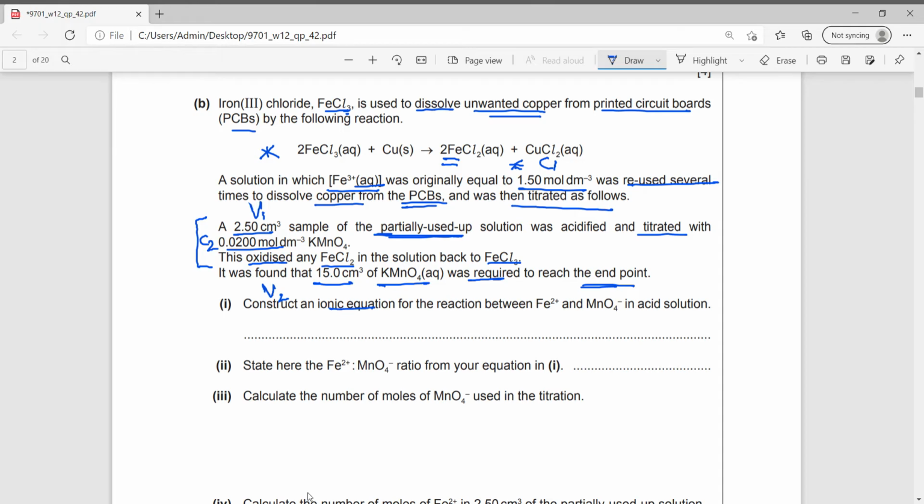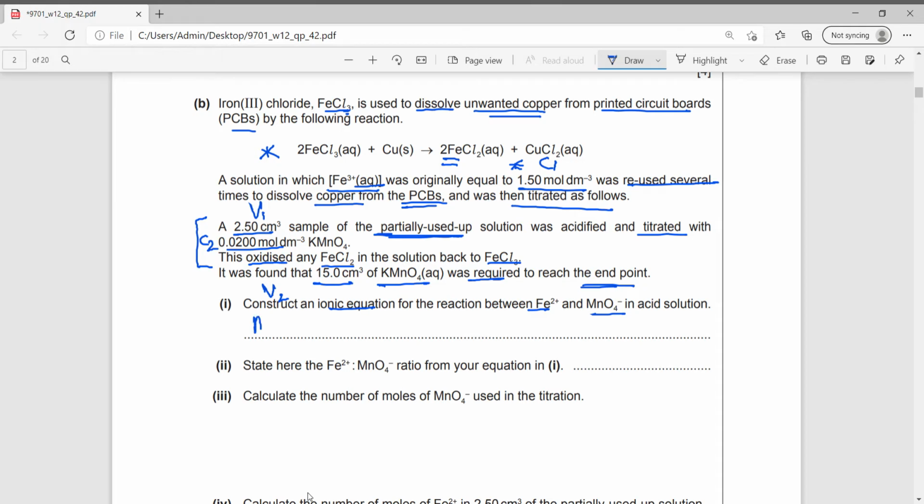So you have to construct an ionic equation between Fe2+ and MnO4-. It's a redox equation, and despite it not being stated here that you must refer to the data booklet, you have to, and you have to construct a redox equation respectively.